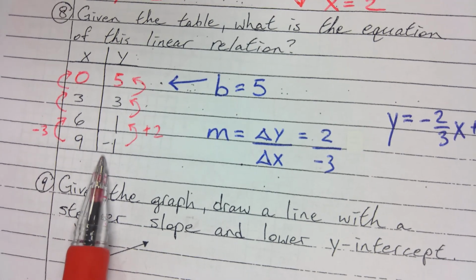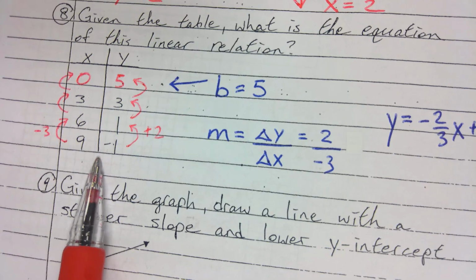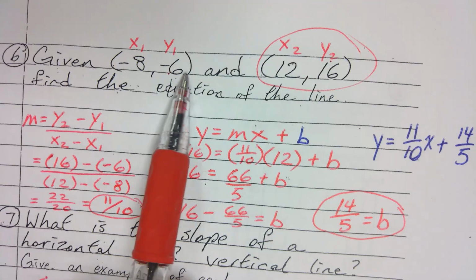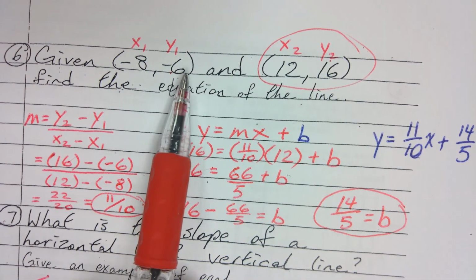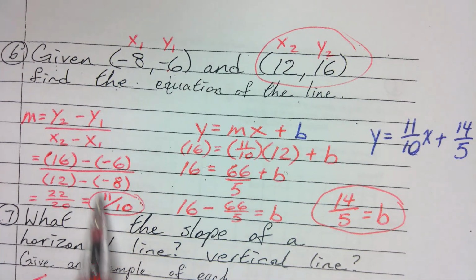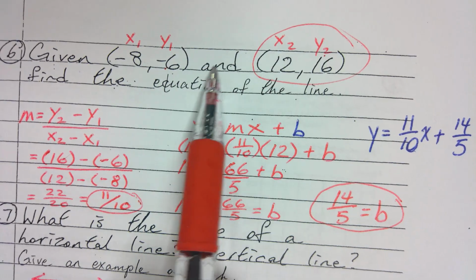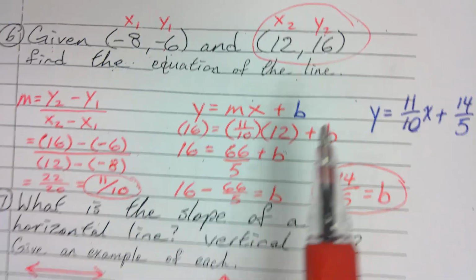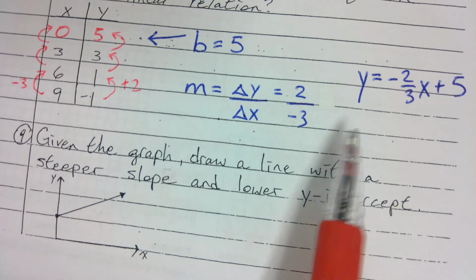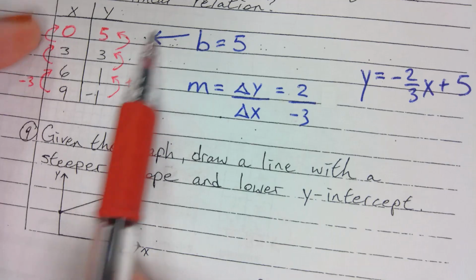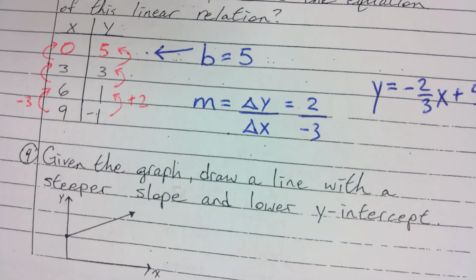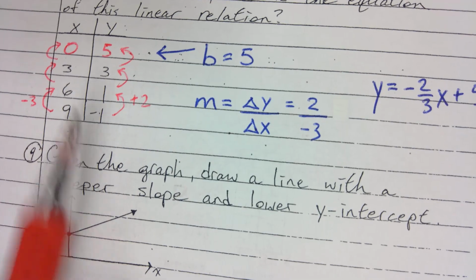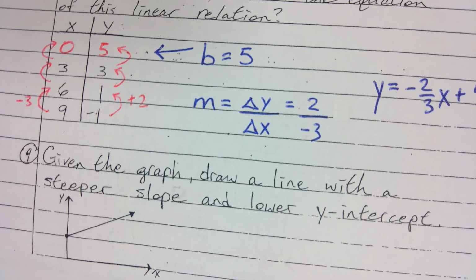So technically, how many points did they give you here in this table? They gave you 3 points. Well, this one, I only gave you 2 points, and you know what to do. So you could have solved it this way as well. Just choose any 2 points and do this method to get your equation. This method that I did here is just that because it was nice and easy to do. Again, I could have just said 3 and 3, and 6 and 1, and used the math way.